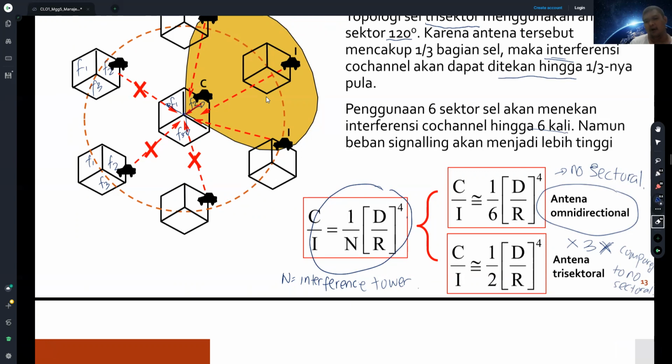However, the problem of using a sectoral antenna is that we are going to use heavy signaling between the first sector of the cell and the other sector of the cell. It will have very hard signaling.